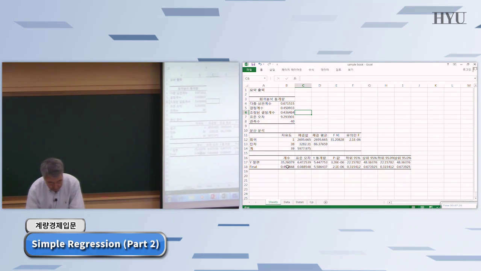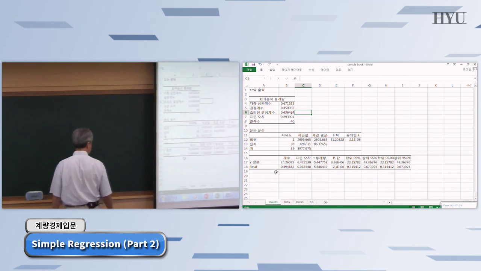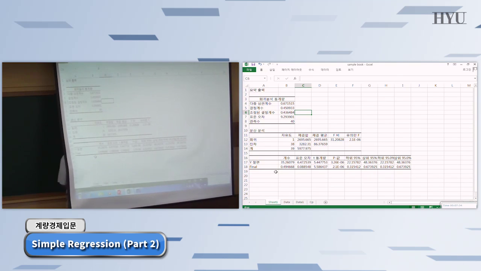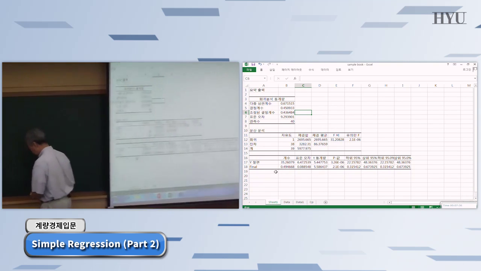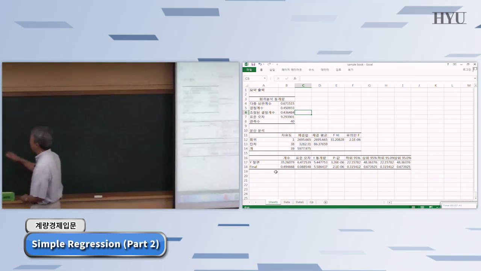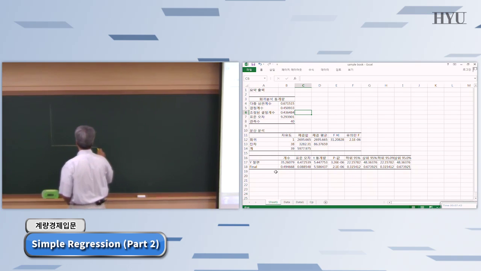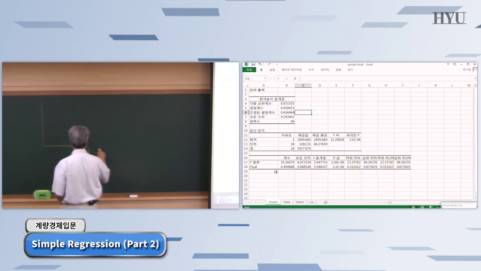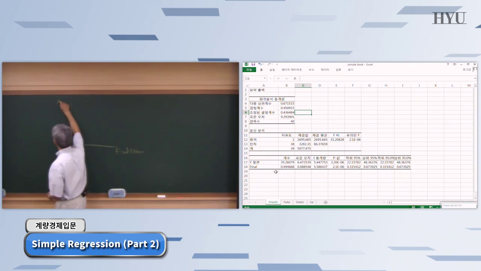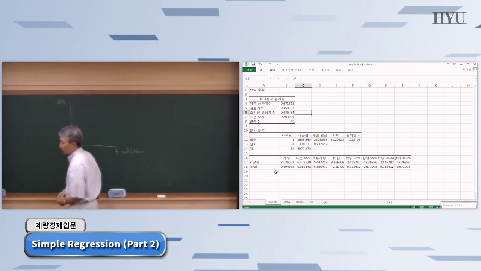We have final exam as the independent variable and final average as the dependent variable.